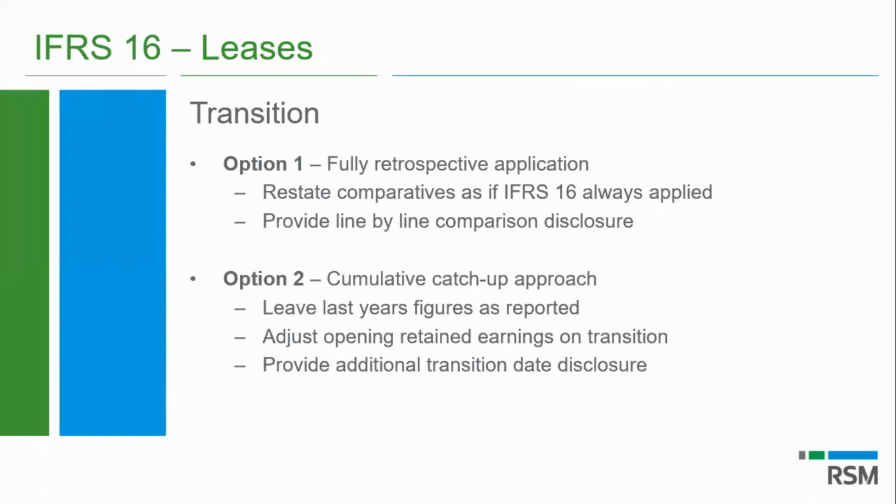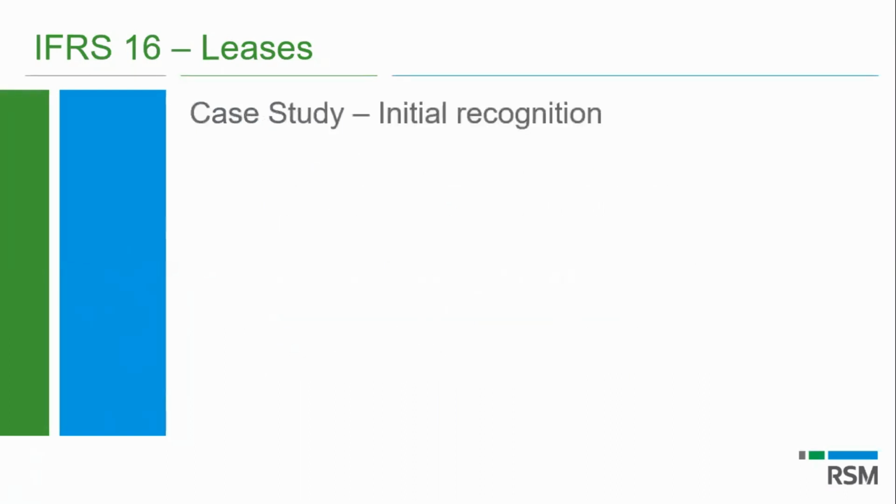For any leases that are terminating or ending within the next 12 months, you can ignore them and roll them out as you have been, if you have identified those as operating leases. So going through the case study briefly, this is where we are. I've gone through a very high-level overview of what the standard requires, and as you can see, it's not a very complicated application, but determining lease terms, determining what the lease payments are, is there a lease, is there an identified asset, could get a bit tricky.